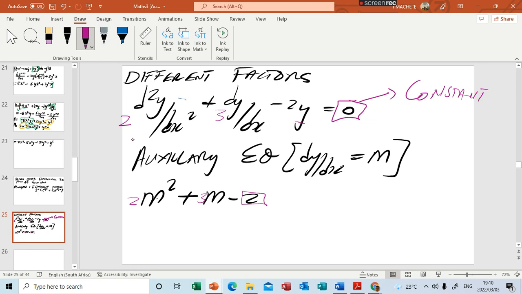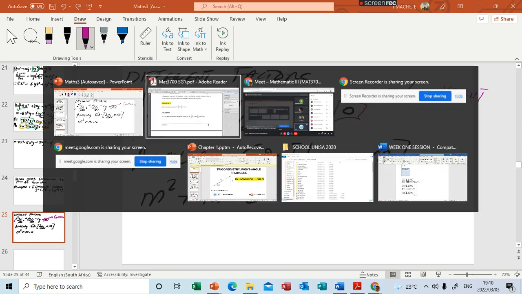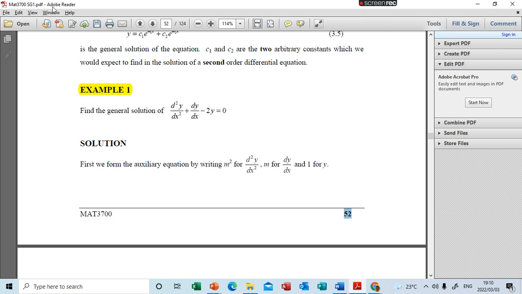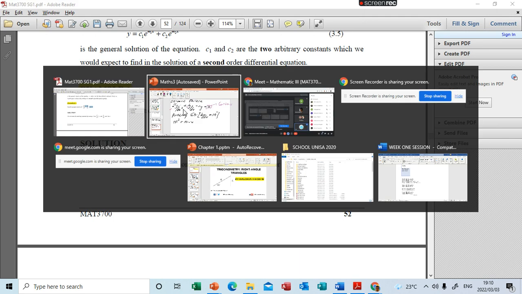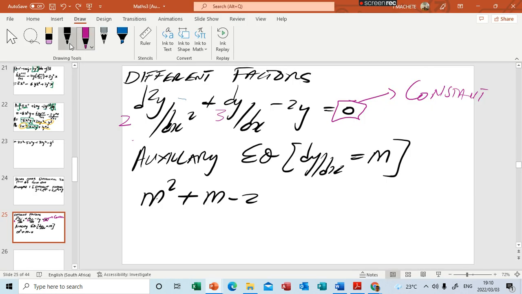You ignore the y. You only take the coefficient. That's how they did this one. This one, you change everything to m. That's your first step. Then from there, you're gonna equate it to 0. From here, you find the factors.